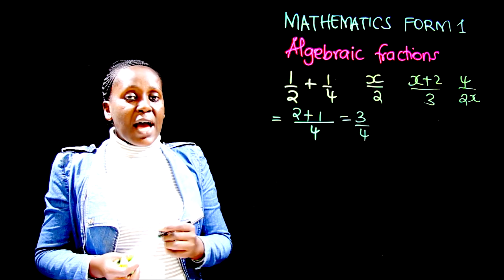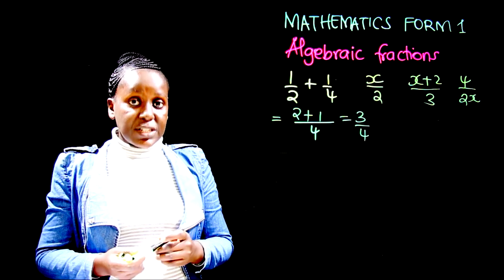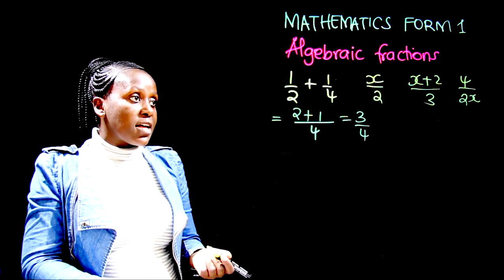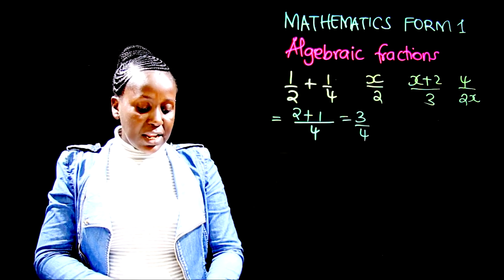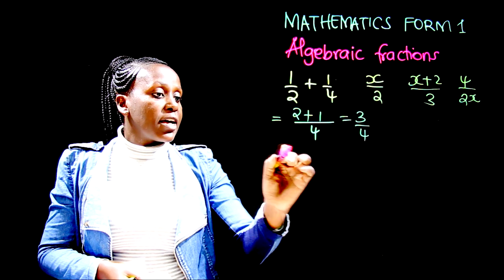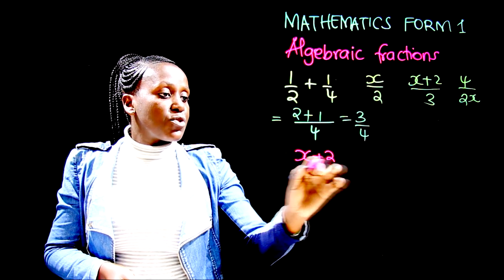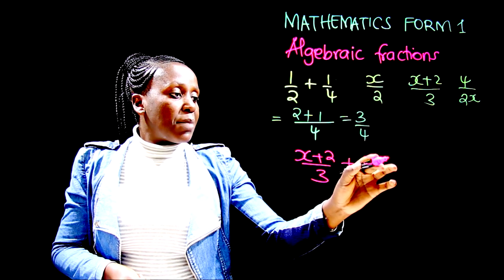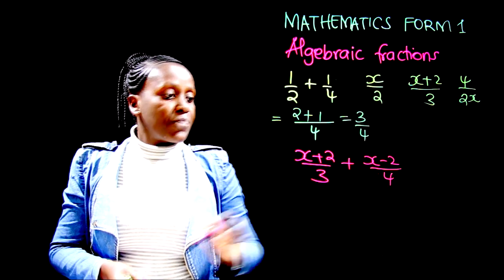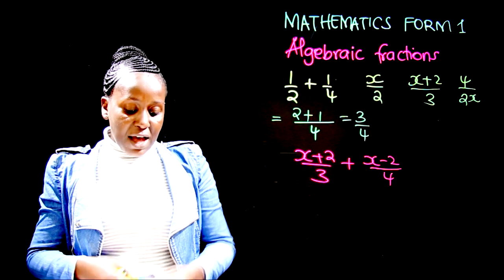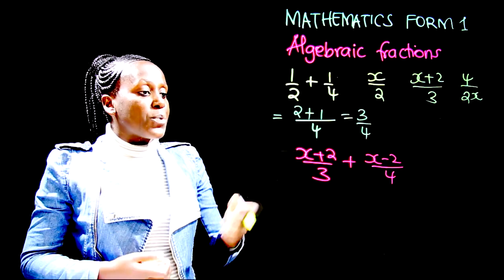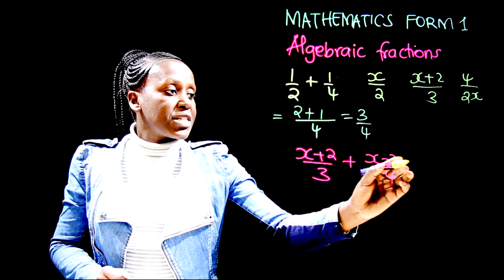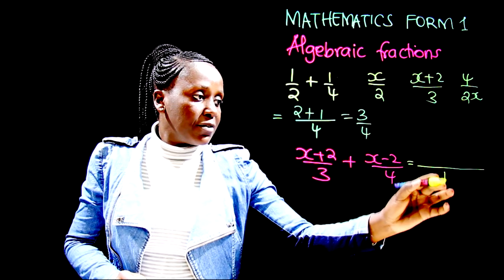So that is how we add normal fractions. How then do we add algebraic fractions? We follow the same procedure. Let's say we have two fractions like x plus 2 over 3 plus x minus 2 over 4. Just like we have done with the normal fractions, we begin by getting the LCM of 3 and 4, which is 12.